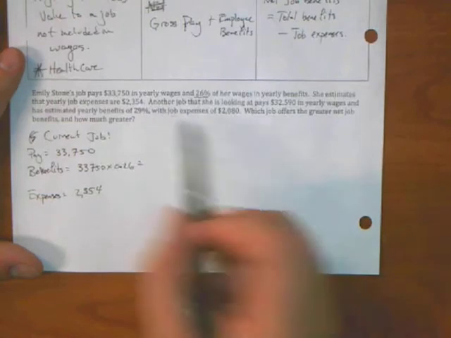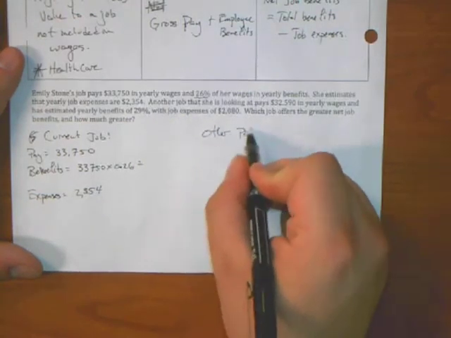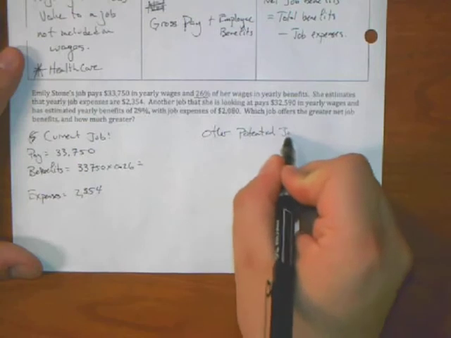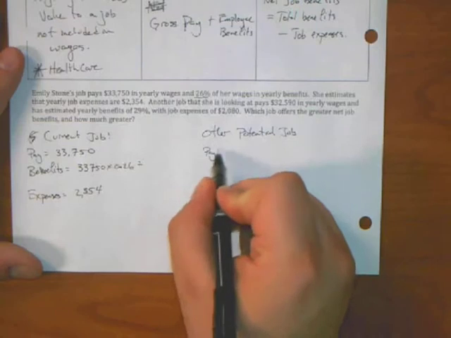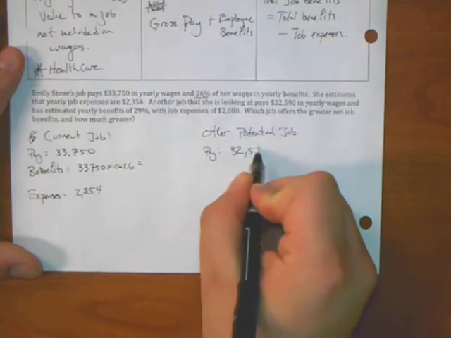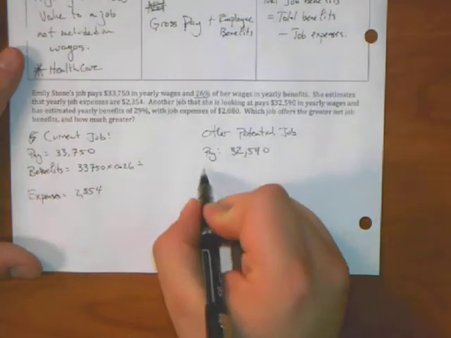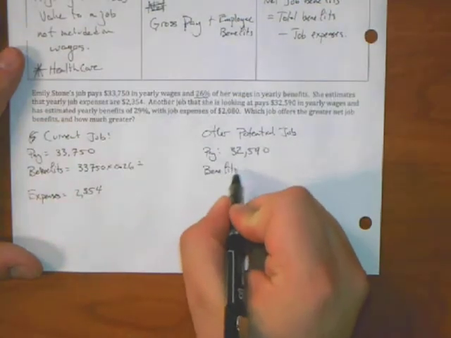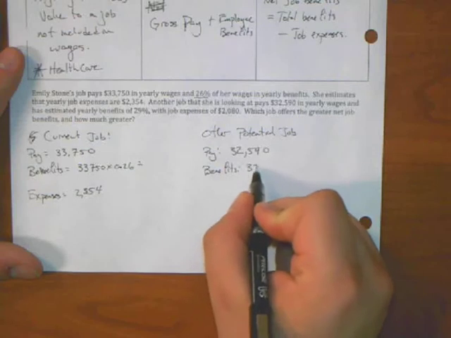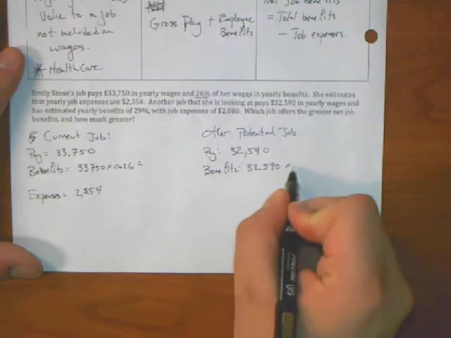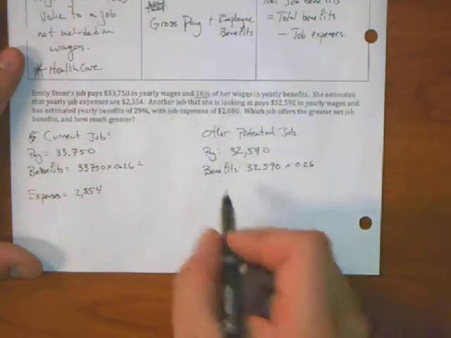She's looking at a different job, however. She's looking at this other one. And it's the following. It's going to pay her slightly less, $32,590. But the benefits are a little bit better, to the tune of 29% of her wages, not just 26% like the old one. And her expenses are also slightly lower.